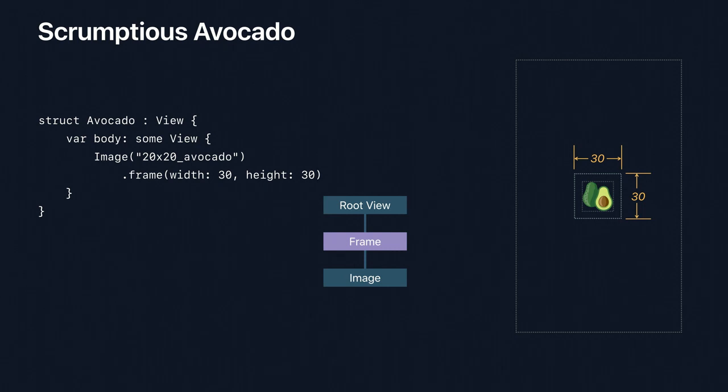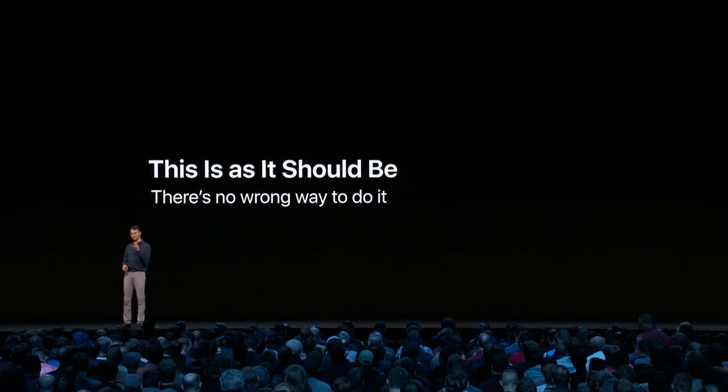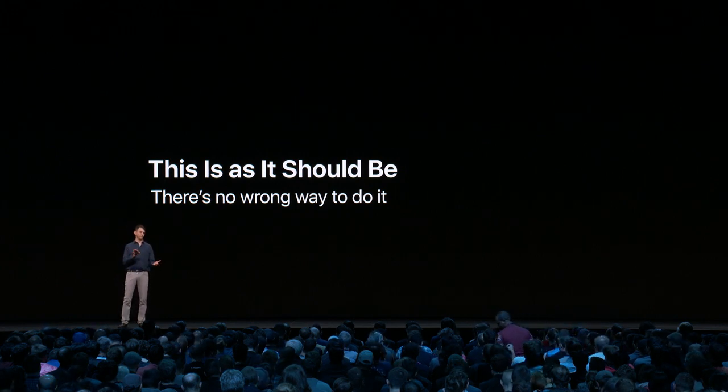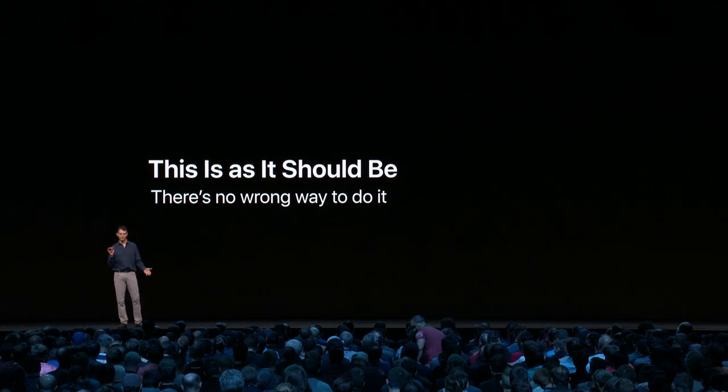So is it a contradiction that the size of the frame doesn't match the size of our image? Actually, no. This is the layout system doing what it's supposed to do. See, it's important to recognize that the frame is not a constraint in SwiftUI. It's just a view, which you can think of like a picture frame.